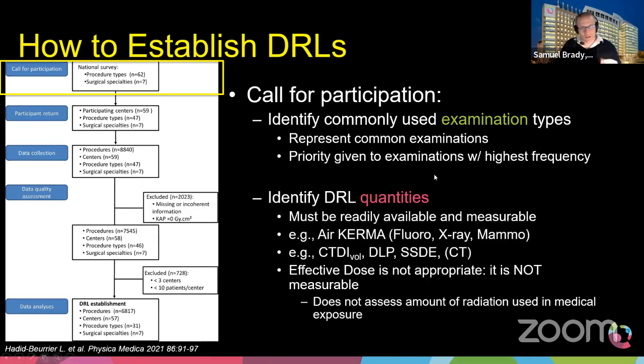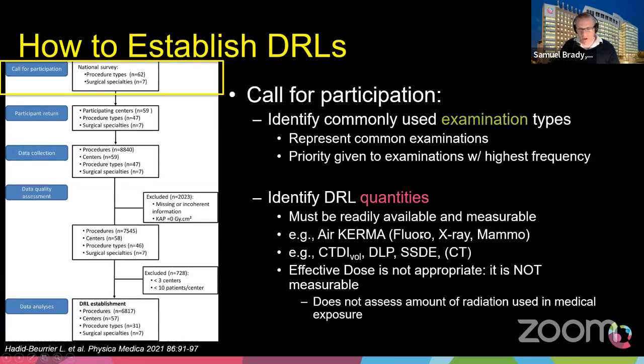And then we need to establish the type of quantity or the metric which we're going to collect. Now, Dr. Cannell talked quite a bit about this, and she did a great job describing the differences in these metrics, so I'm not going to go into that detail, but just as a reminder, every modality tends to have its own unique dose quantity.